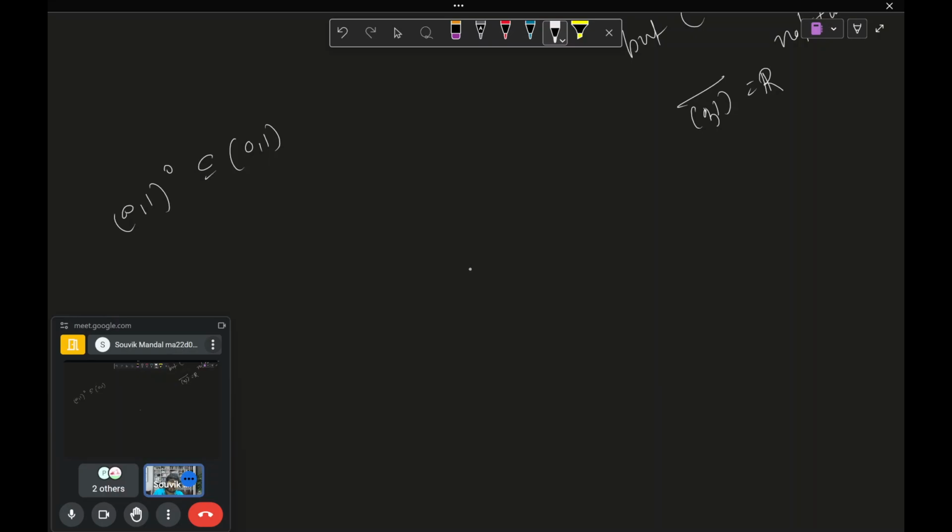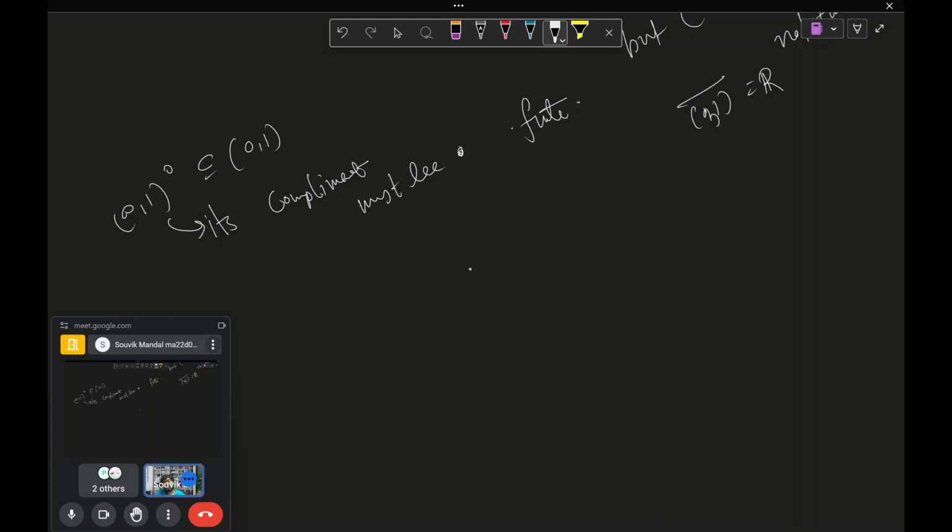And whatever the interior is, its complement must be finite, right? Yes sir, it is open, so its complement must be finite.